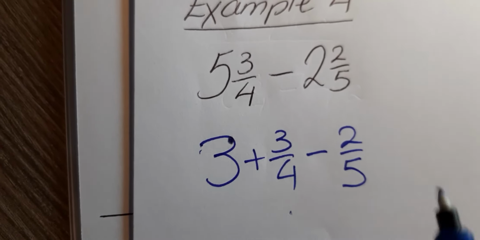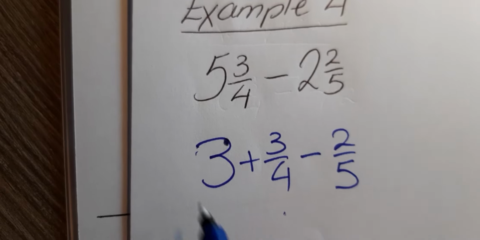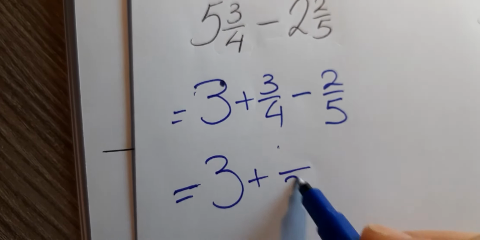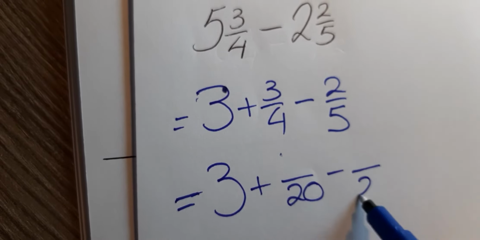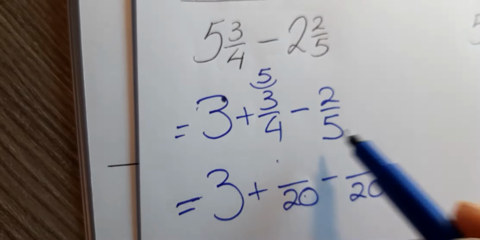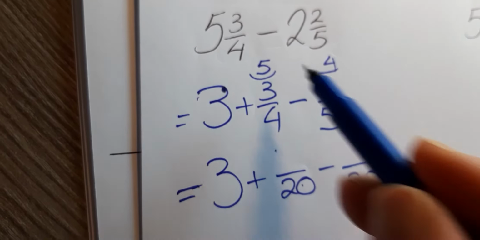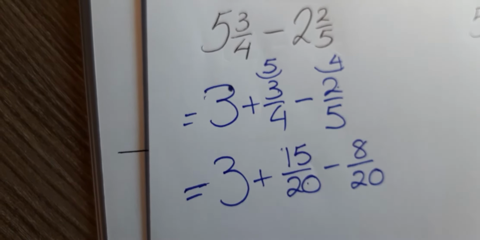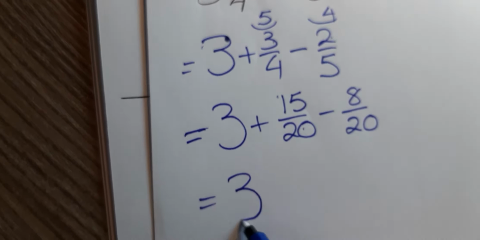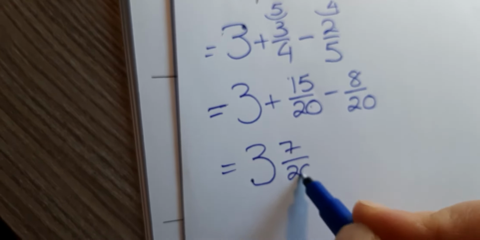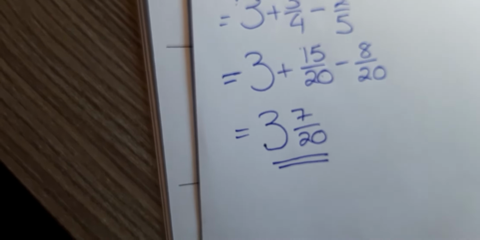Because they're so close, we know that the new denominator here is going to be 4 times 5, 20. 4 goes into 20 5 times. 5 goes into 20 4 times. Multiply them. 15 here and 8 here. So that equals 3, and 15 minus 8 is 7/20. Does that simplify? No, it doesn't.